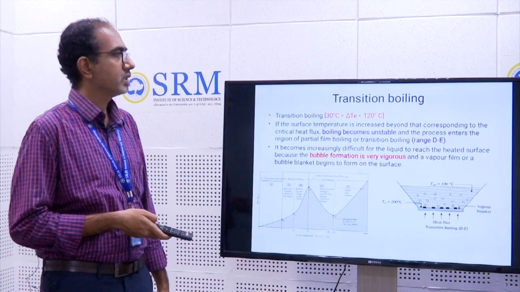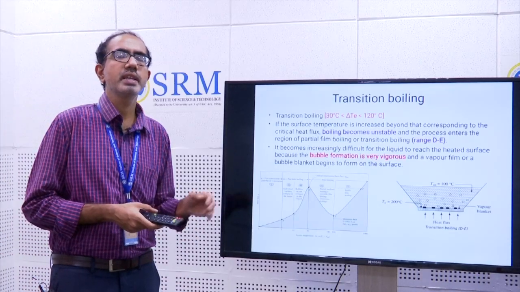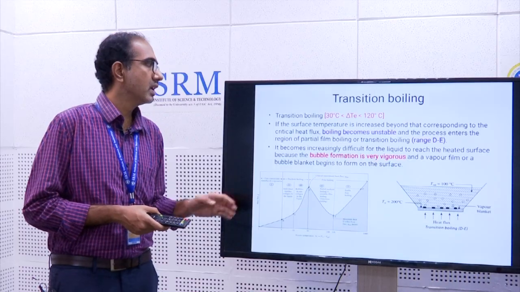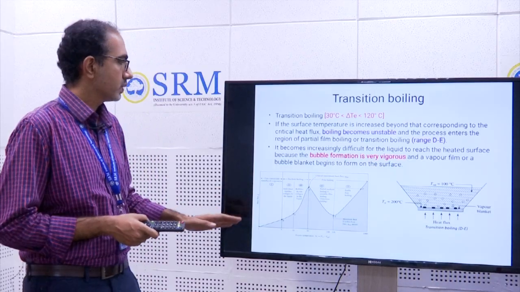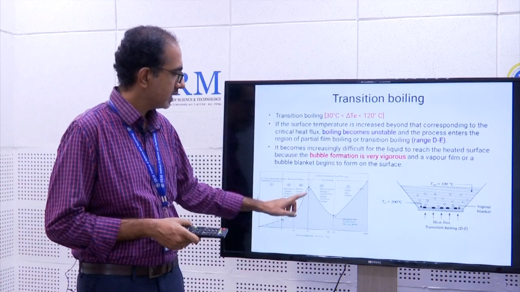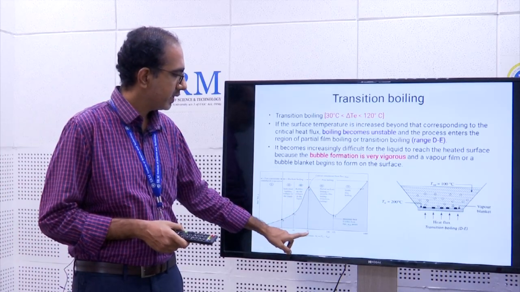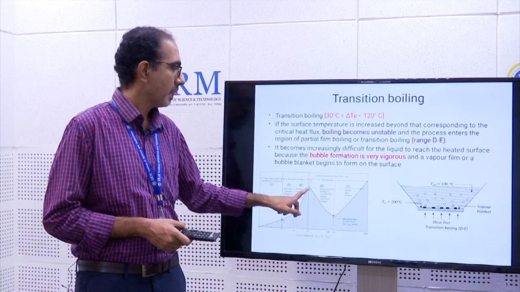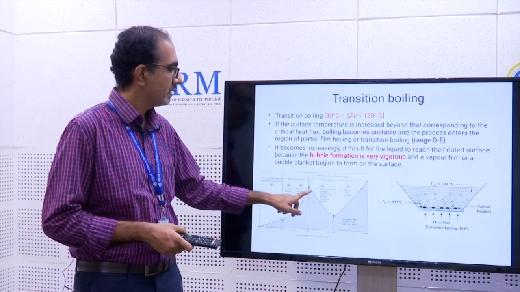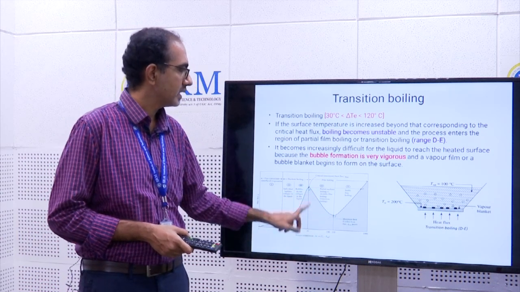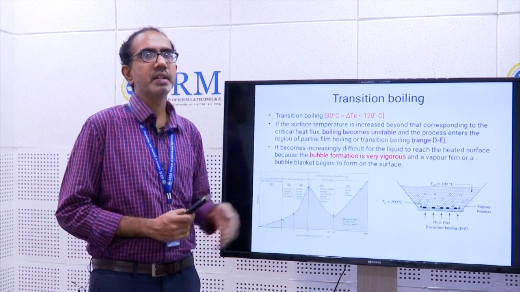Next is transition boiling. Here the excess temperature is between 30 degrees Celsius and 120 degrees Celsius. In the graph we can see that the excess temperature is between 30 and 120, and when we check the corresponding heat flux, the heat flux is decreased in transition boiling.